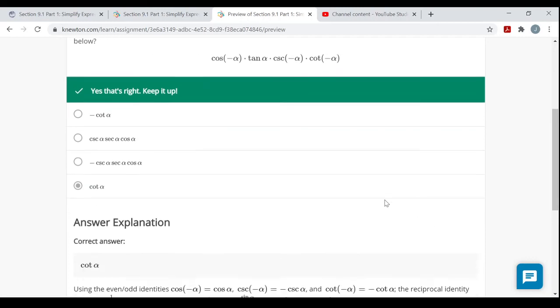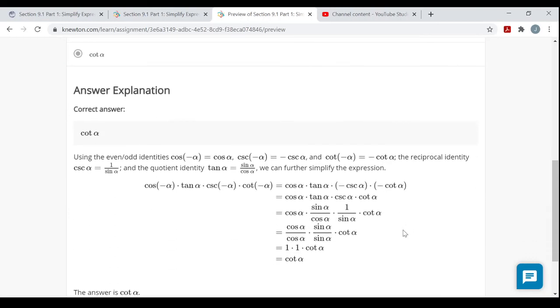Wonderful. Now let's see how they're doing it. I know they're going to do it differently. Yeah, see. Oh, no, they didn't change the last thing. They did the even-odd identities like I did. They changed tangent to sine over cosine. They changed cosecant to 1 over sine like I did.